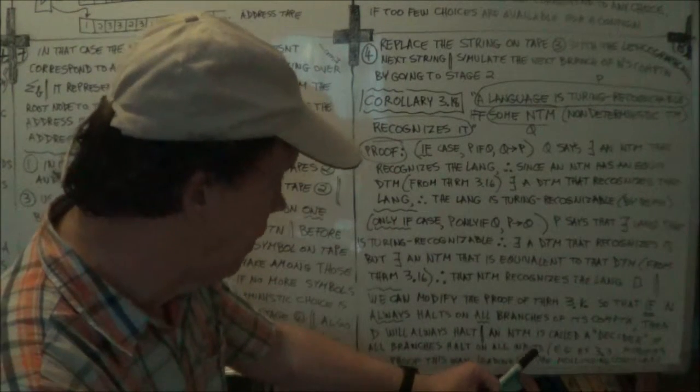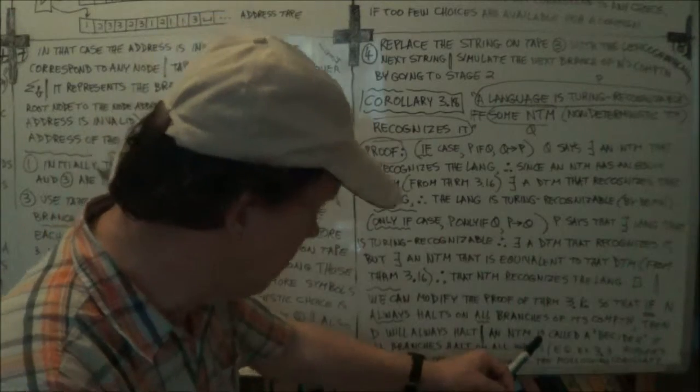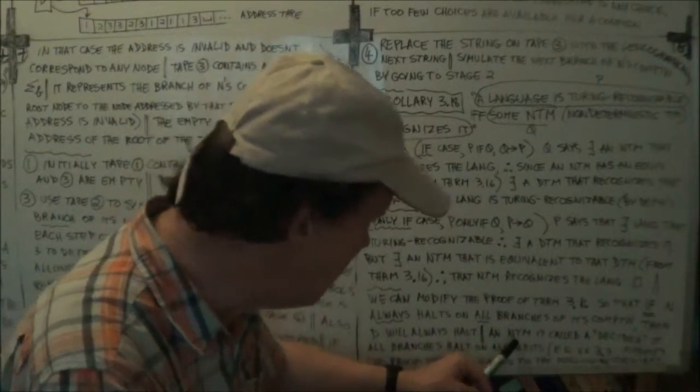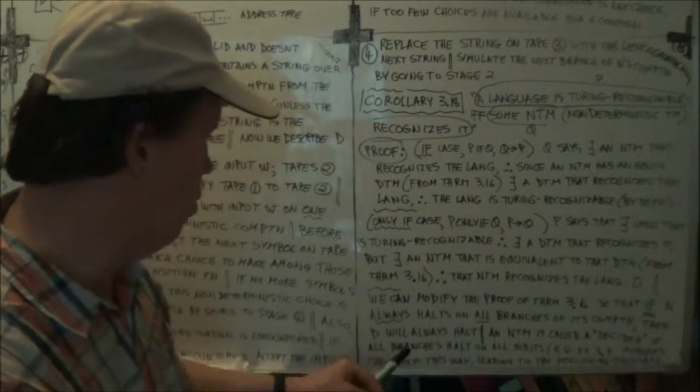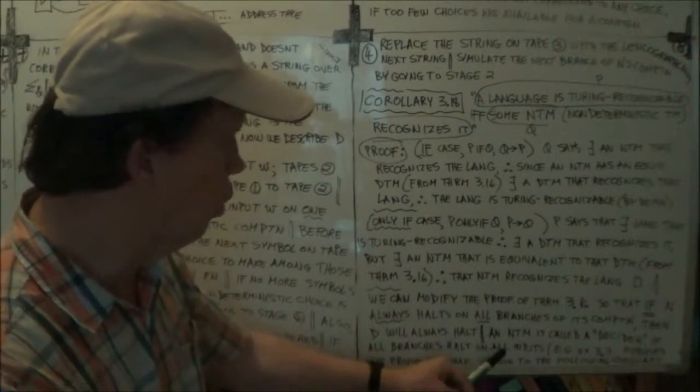Now, an NTM like that is called a decider, if all branches halt on all inputs.